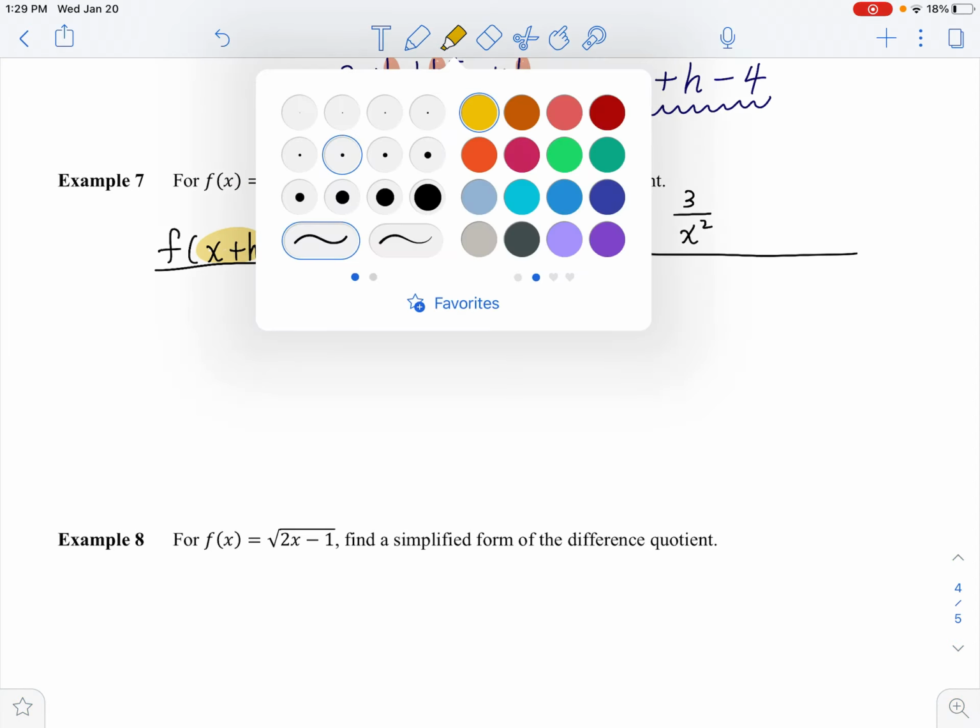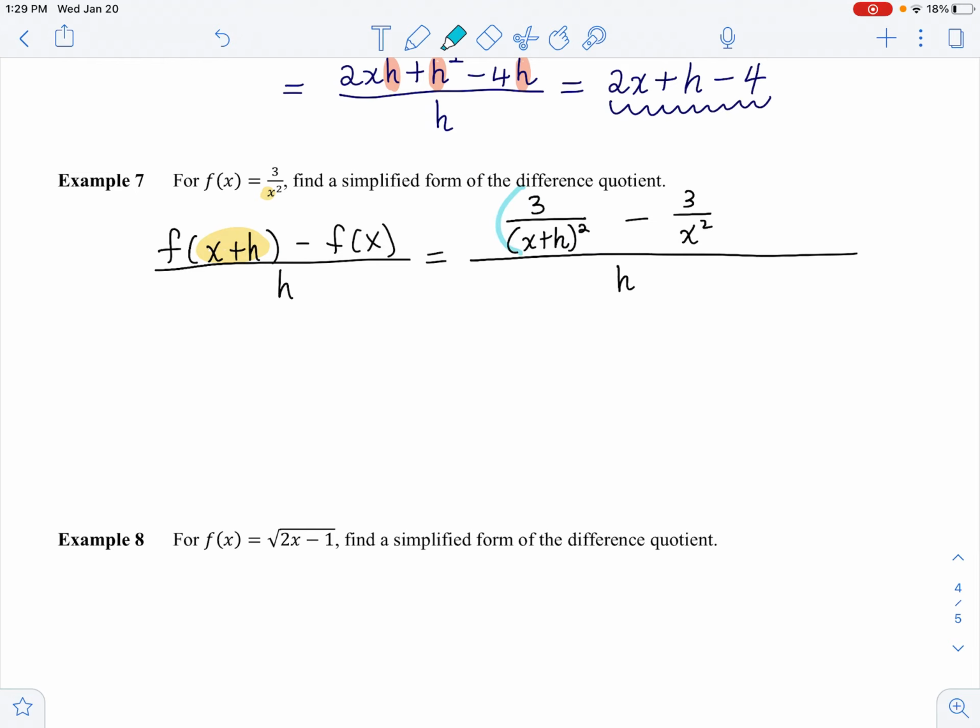On the numerator, we need to focus on the numerator now. We are subtracting 2 rational expressions, so they need a common denominator, right? I'm going to write down the original fractions next to each other like this, and then let's figure out the common denominator. The second fraction has x squared as the denominator.